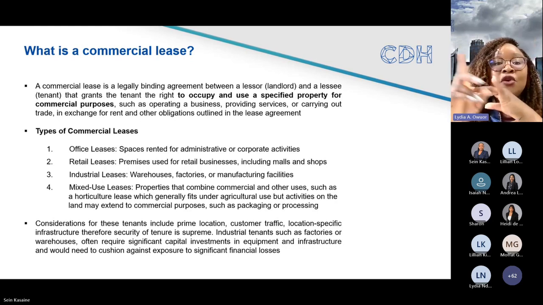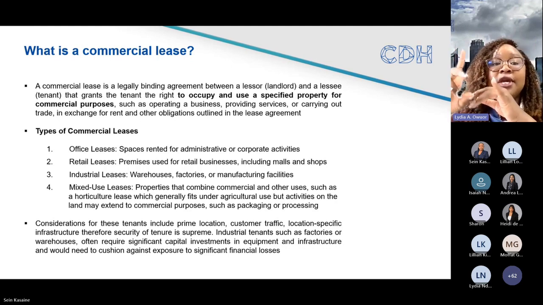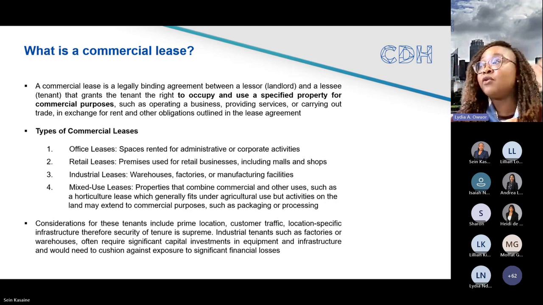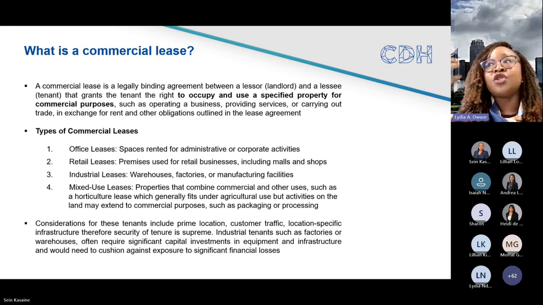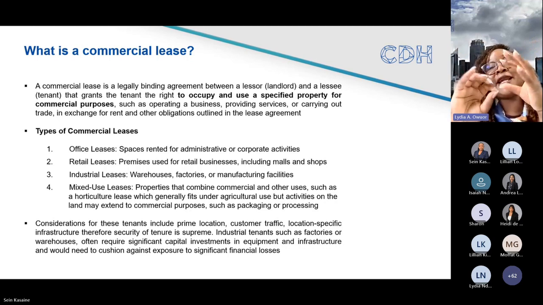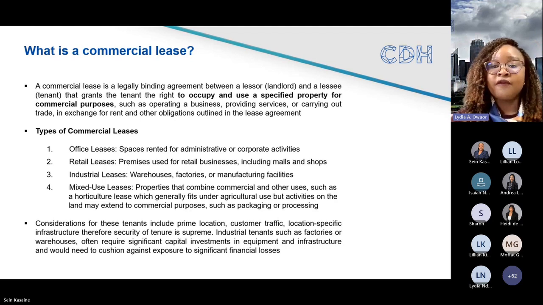So I've highlighted office leases, retail leases, industrial leases, and this one is critical for me, mixed-use leases, because as you can see, I've given the example of horticulture, which may ideally fit within the definition of agricultural use, but there may be some production activities happening there. So there could be an extension of that use, therefore inviting the interpretation of that lease being a commercial lease.